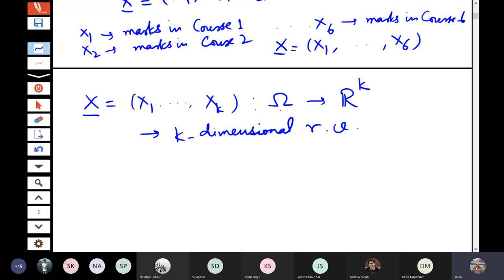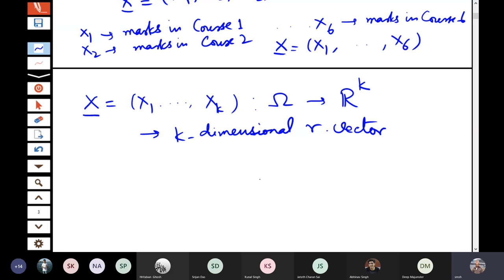Similarly, when you discuss a multi-random variable or a jointly distributed random variable, which we can call a random vector, you have similar concepts. That means you may have all of them discrete, all of them continuous, or some discrete and some continuous and so on. All kinds of possibilities are there.